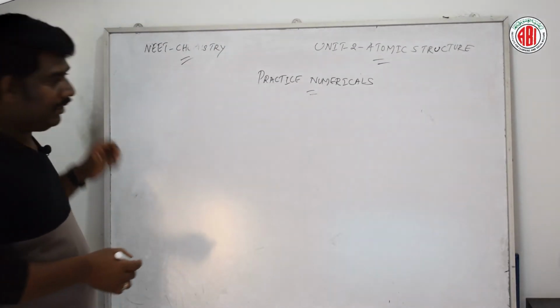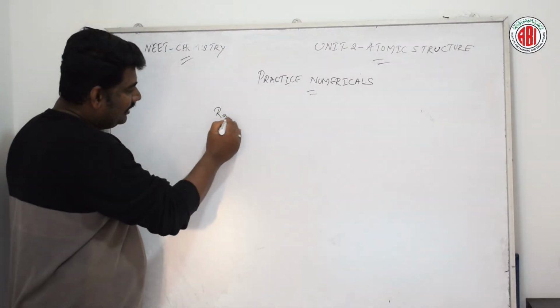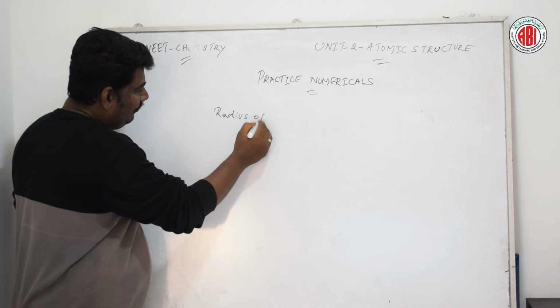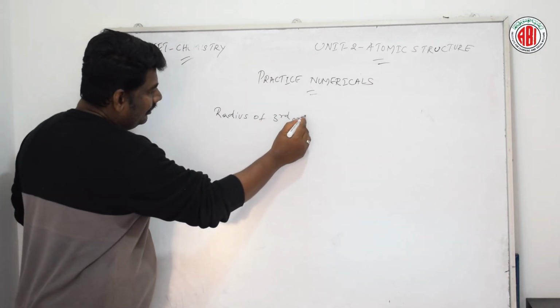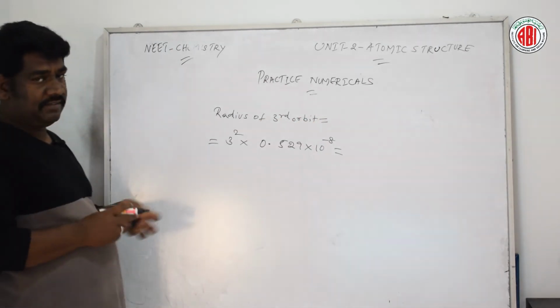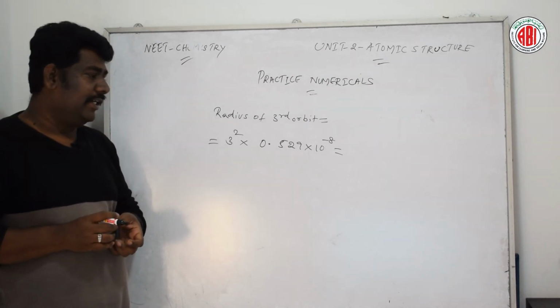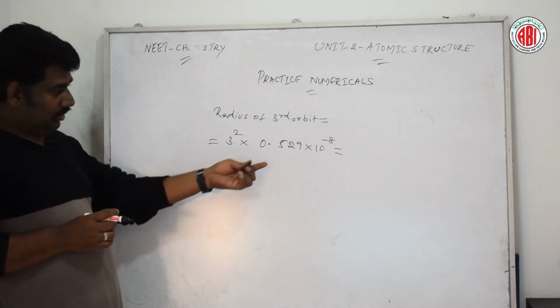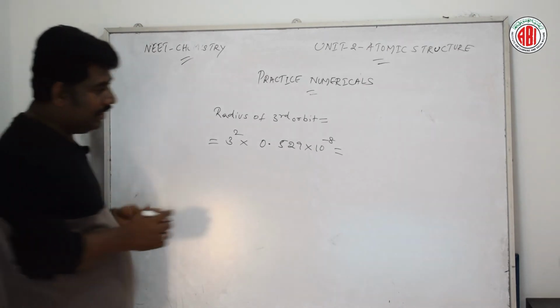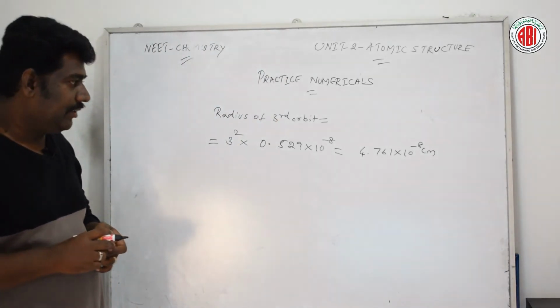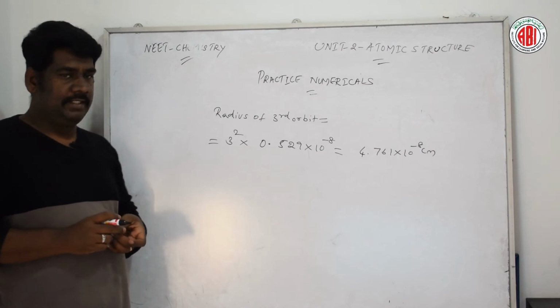According to this question, the radius of the third orbit is 3 square into 0.529 into 10 to the power of minus 8. Multiplying this, we could get 4.761 into 10 to the power of minus 8 centimeter.